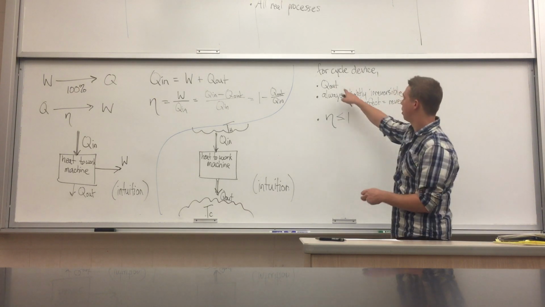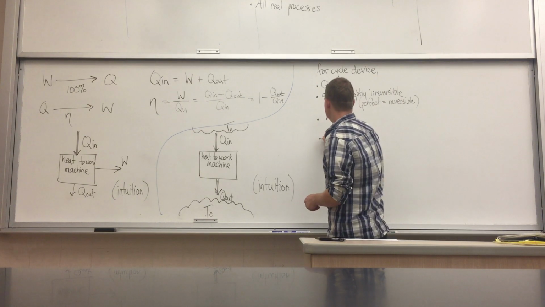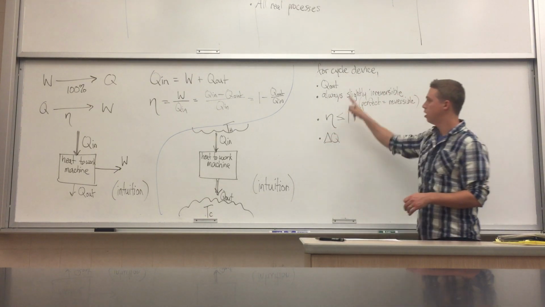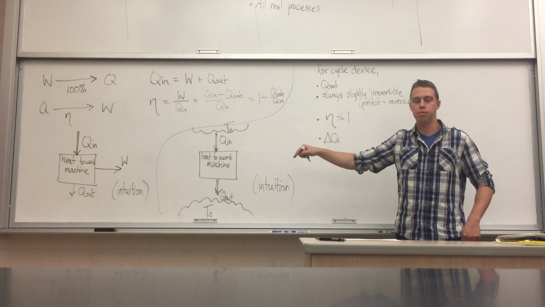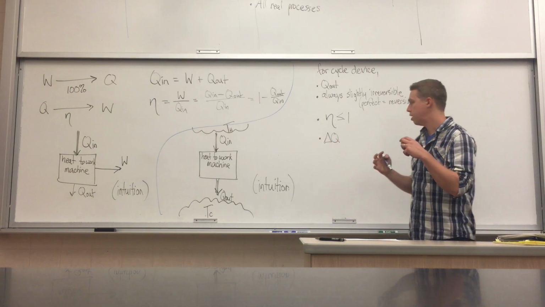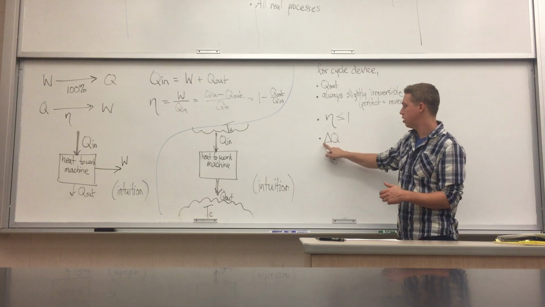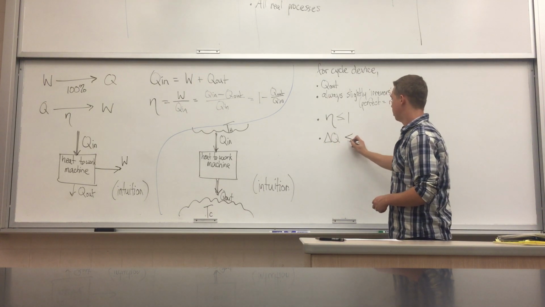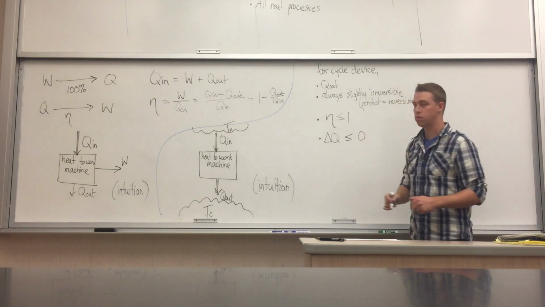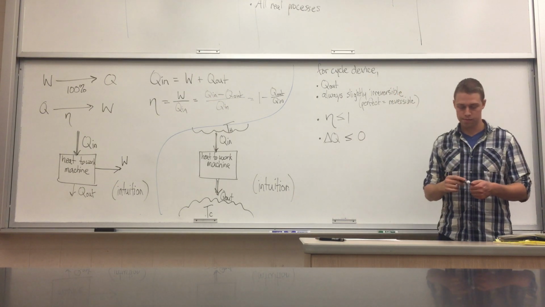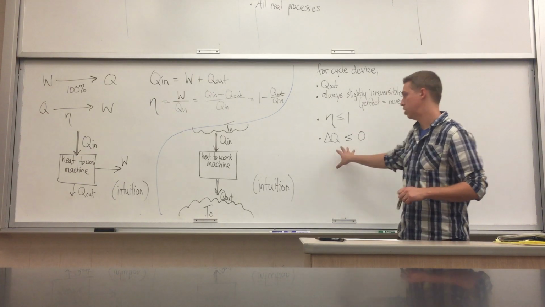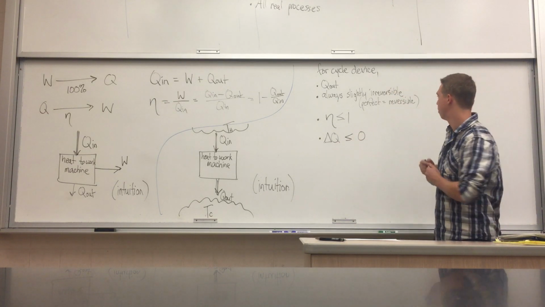And then also, another way of writing this Q out is that our change of heat for the whole system, well, if we're always going to lose a little bit of heat, then looking at our change of heat, this is always going to be less than or equal to 0. It's going to be negative. This makes sense. If we're always going to lose a little bit, then our total heat change will always be a negative number.